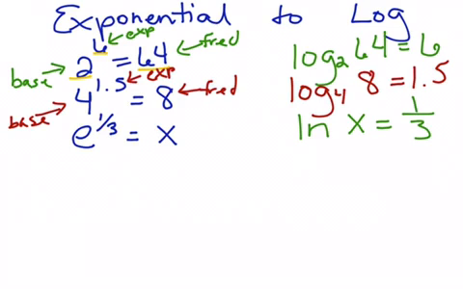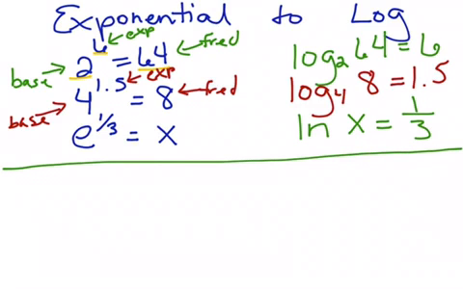I thought I stopped it. Sorry, we actually paused with you. So for natural log, I wrote LN because that's how we write natural log. We don't have to do log base E. If you ever write log base E, I want you to change it to LN.